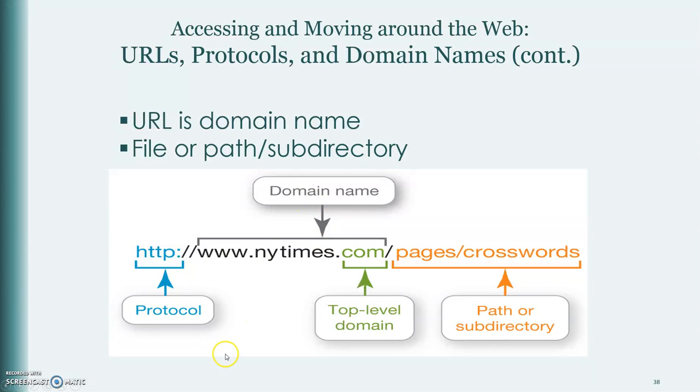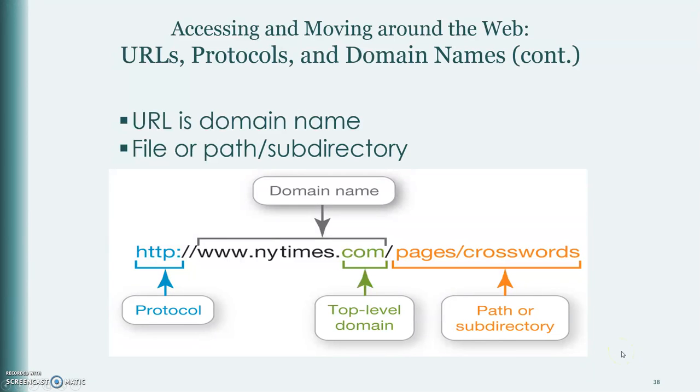You could break this part down even further and just look at the .com part, and that's your top level domain. Since we see there's a slash here, something follows that. Anything that follows after the top level domain is your path or your subdirectory. So these are all important parts of a URL.